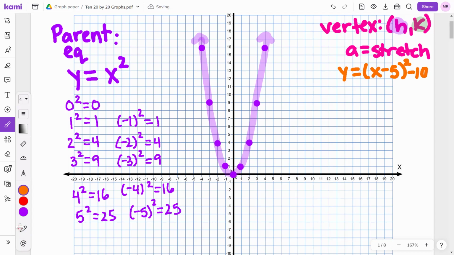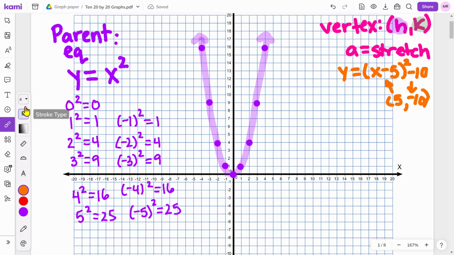My vertex is going to be 5, because 5 makes that 0, and then this is going to give me my y-coordinate, negative 10. That's where my vertex is going to be.